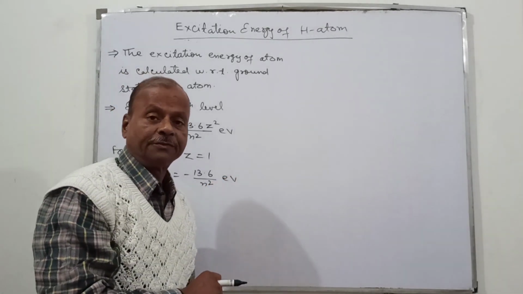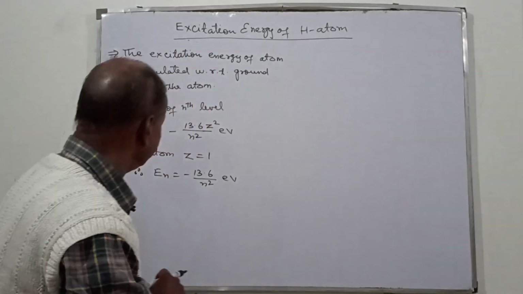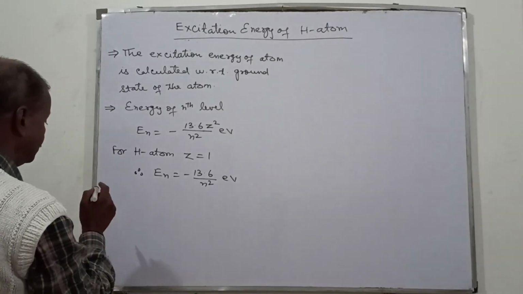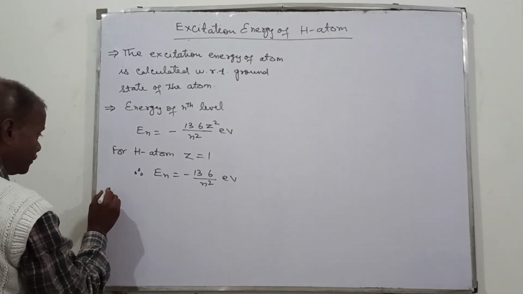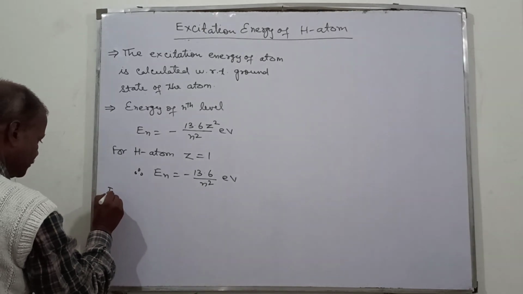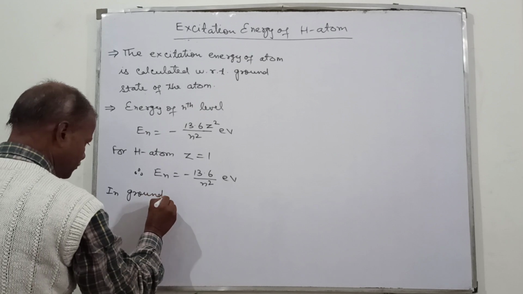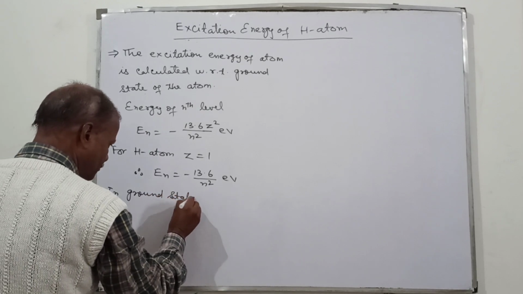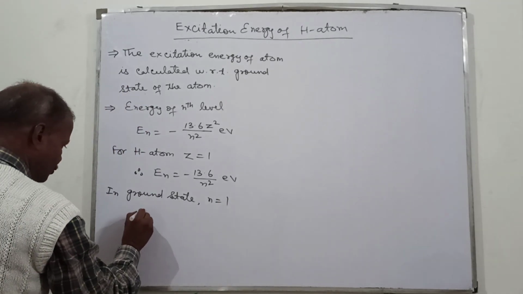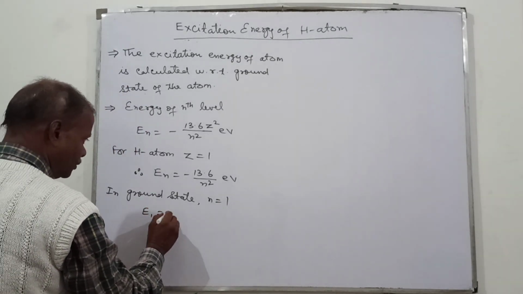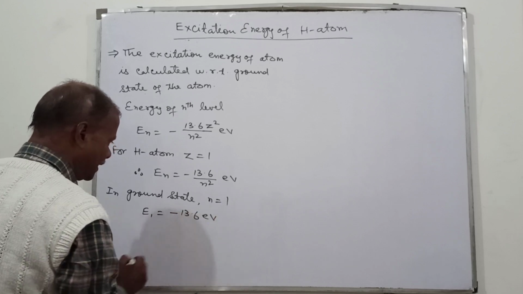This is the energy of the nth energy state of the hydrogen atom. So in ground state, n equals 1, so E1 equals minus 13.6 electron volt.